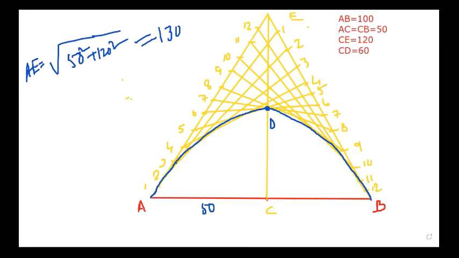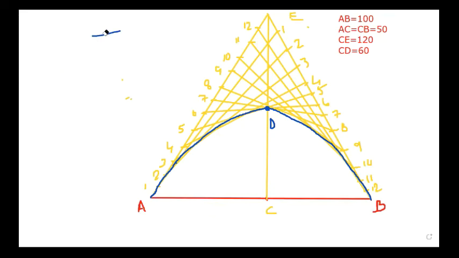So these are the dimensions. And you have to darken the parabola AB. Clear?